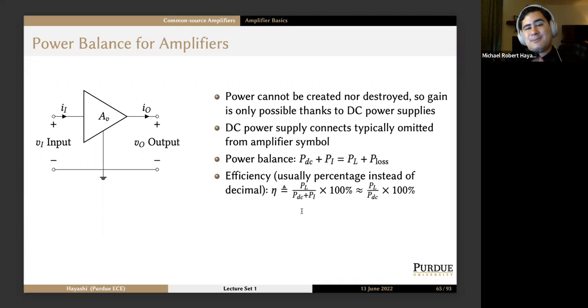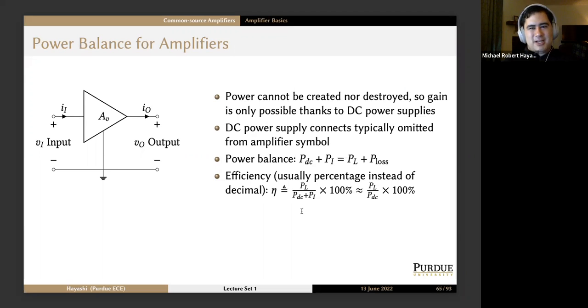I want to emphasize this point a little bit more strongly. So how do we create gain? You might wonder, how does a MOSFET, this three-terminal device, this piece of silicon with a little bit of phosphorus and boron mixed in, possibly create power gain? How does it make signals bigger? Because that doesn't seem to obey conservation of energy.